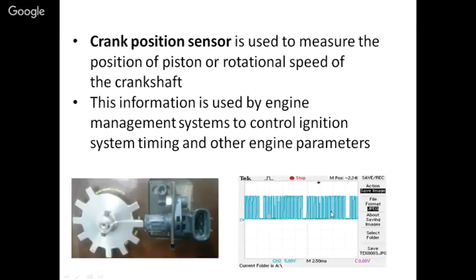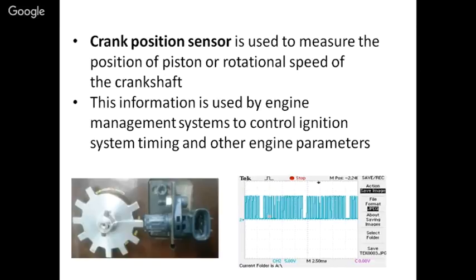What you see here is a train of pulses coming from this very sensor, and when you see the gap here or here or here, this is because of these missing teeth. So for each tooth we get one pulse. From the train of pulses, the ECU can decipher the angular position of the crankshaft.